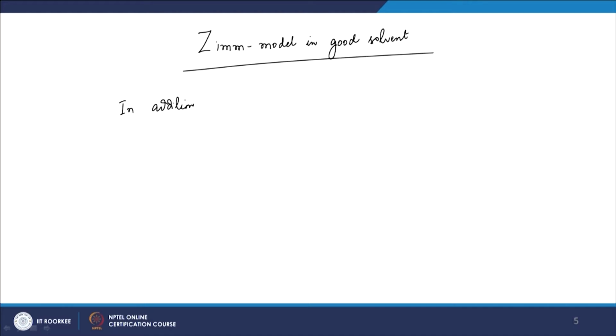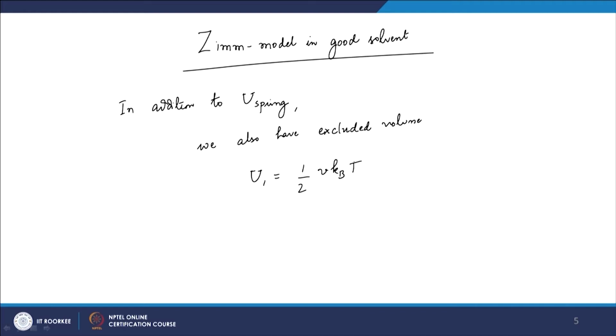So, if I am doing the Zimm model in the good solvent case, what we have is, in addition to the spring energy, we also have excluded volume that we include by adding an additional force, which we discussed when we were discussing excluded volume earlier in the course, again using point particles and so on.